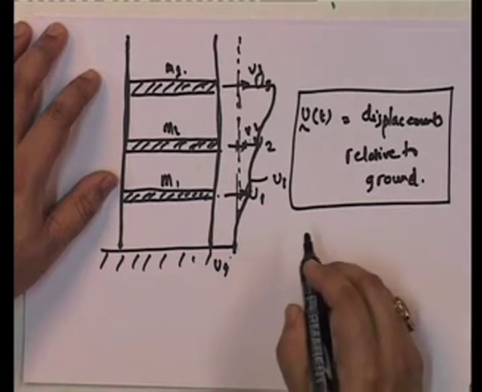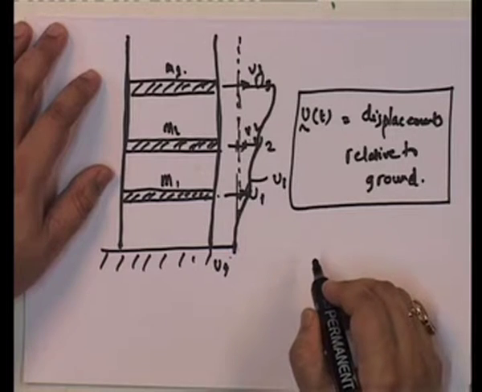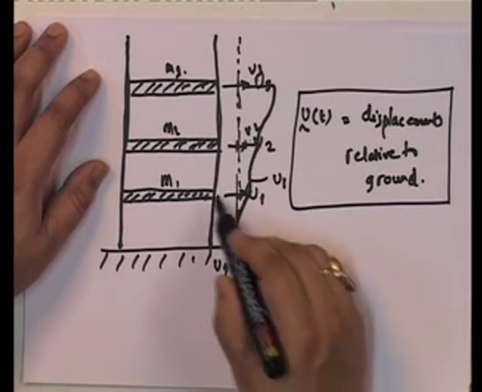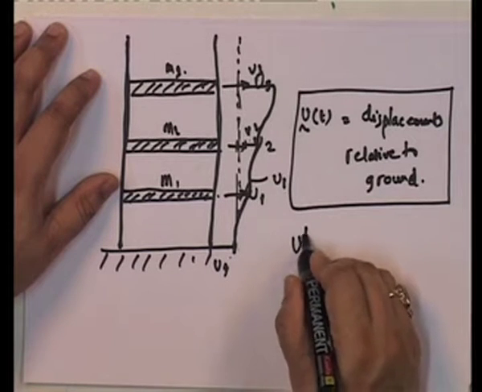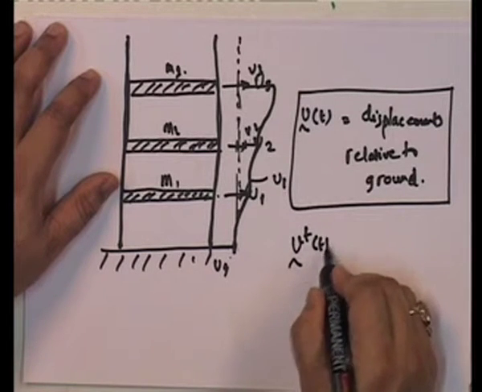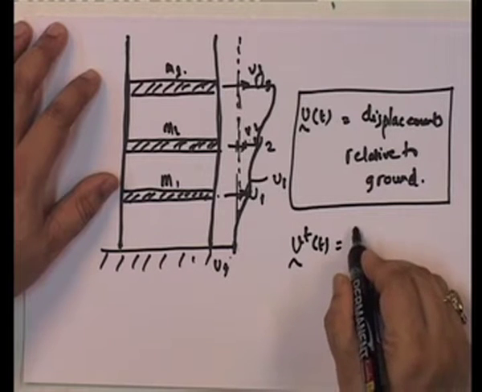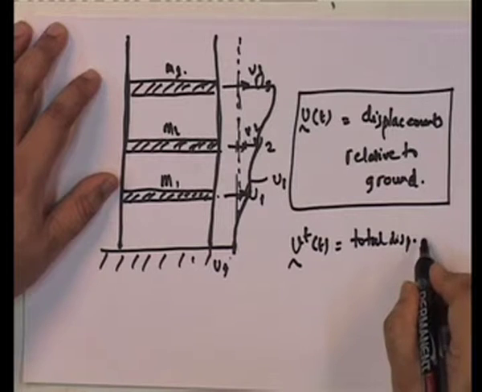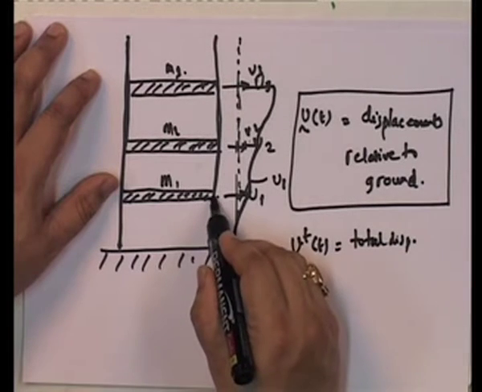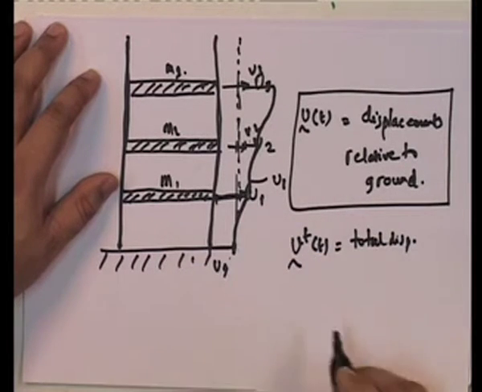inertial force, what we have is, if you look at this particular thing, you also have a V total of t. V total is the total displacement at the point. So, this is the total displacement from here to here.